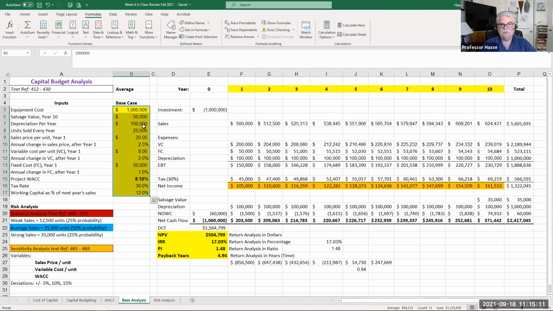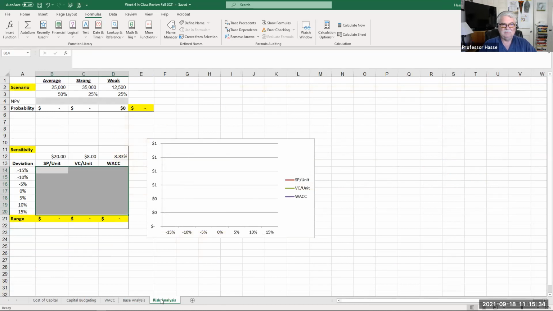Is 25,000 units selling every year a number we can work with? Are these various components of selling price, variable cost, fixed cost, WACC, all legitimate? Do they provide us with an adequate appraisal of profitability for this $1 million investment? That's what the risk analysis does.